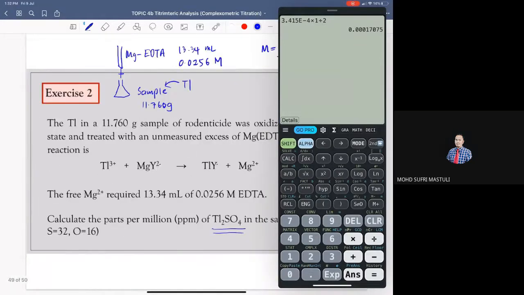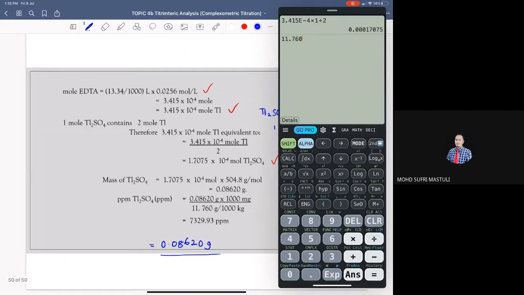The mass of sample is 11.76 divided by 1000 because it's in kilo. So you can obtain 0.01176 kilogram, times milligram 10 to the power minus 3. You can obtain the answer.